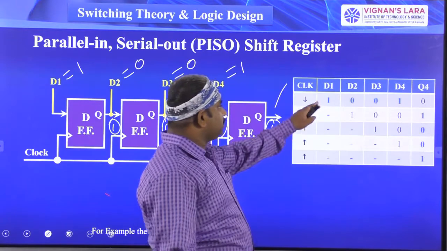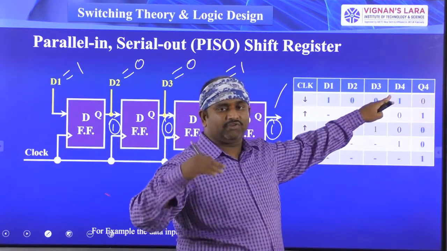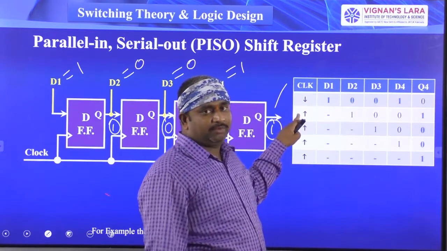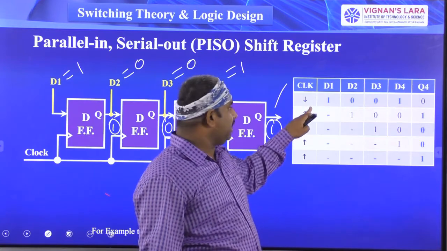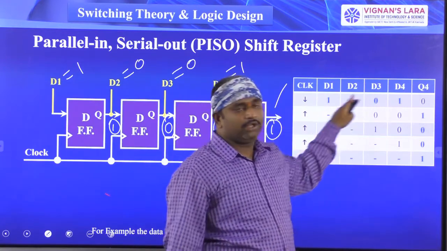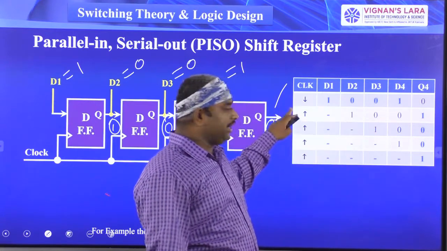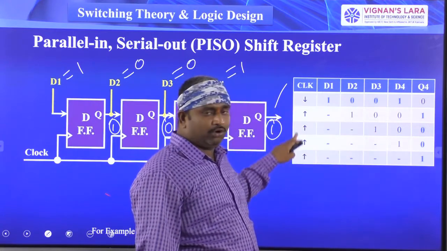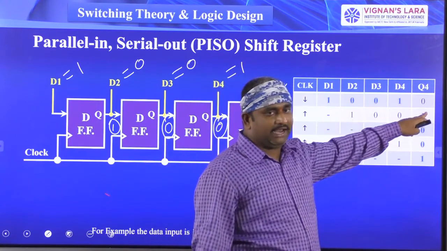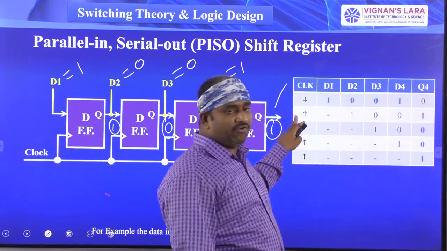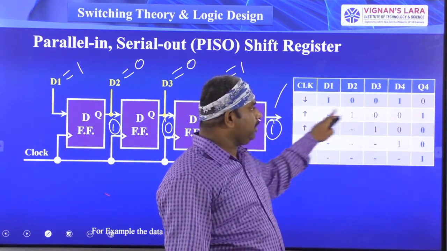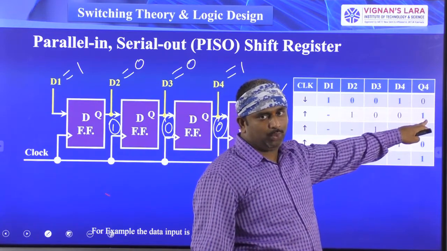So see here, 1001 I have given at the first clock pulse. Whenever I am giving the first clock signal, D1, D2, D3, D4 are the 4 input signals. So 1001 I have given. At the end of the 4 clock pulses, I am collecting the data like this. After giving the first clock pulse input, the output of the Q4 is equal to 1.